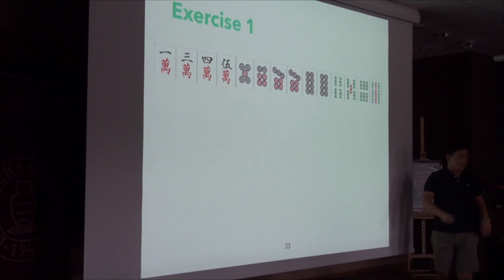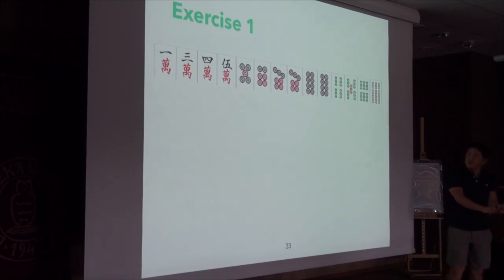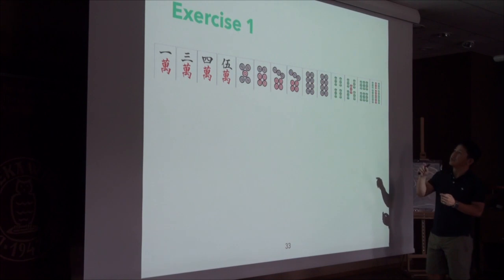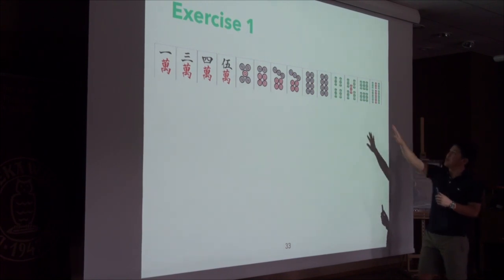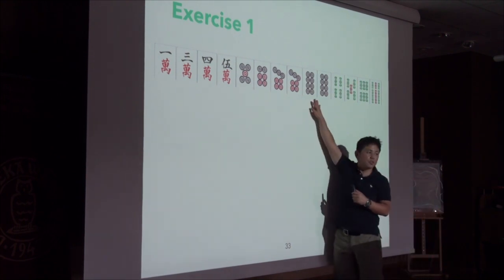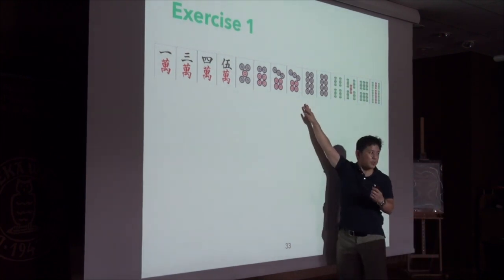So let's now do some exercise. So how do we divide this hand, how many blocks are there, and what tile to discard? How many blocks? 4. 1, 2, 3, 4. I mean 3 complete runs plus this, so definitely 4 blocks, right?